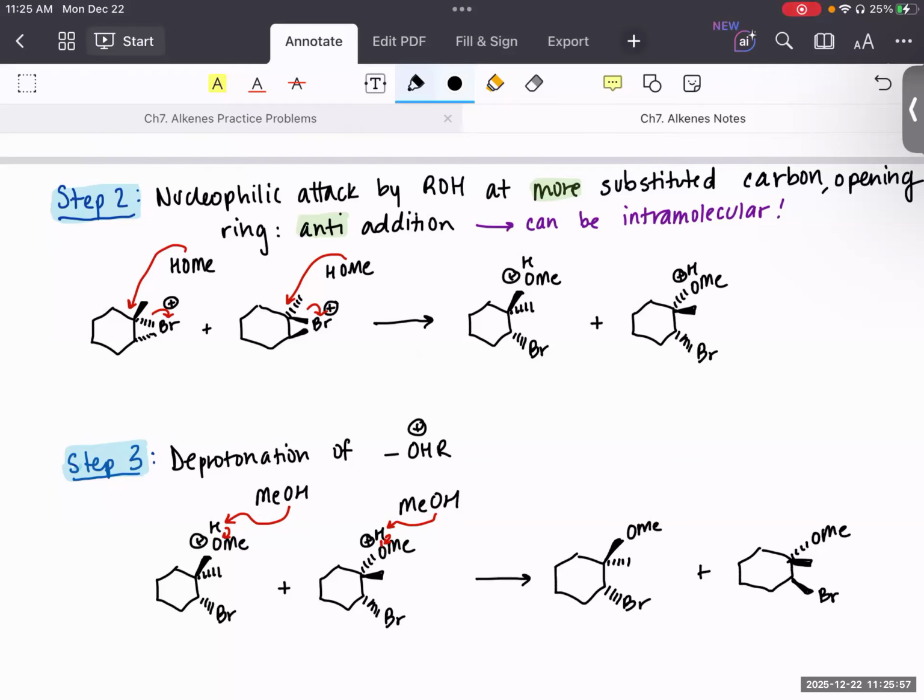The last thing I want to mention is that for this last reaction, a lot of classes like to throw in an intramolecular example. The OH attack can come from something that's already in the molecule to help cyclize the molecule. I have a few practice problems that have a few of those intramolecular reactions, so in the next video, I'll have those practice problem answer keys. All right, that wraps up this one.